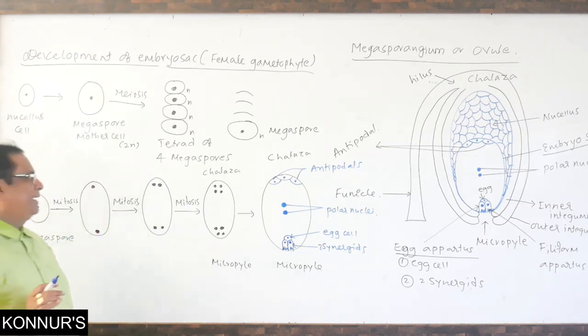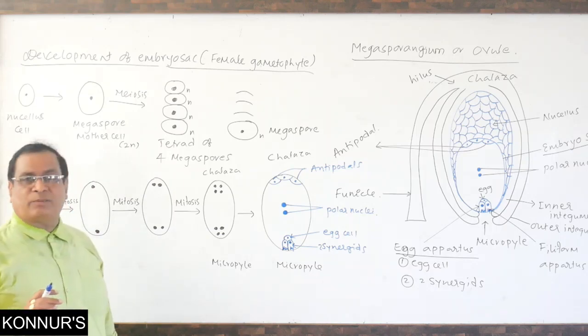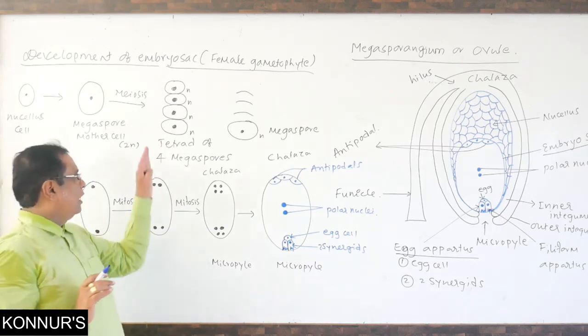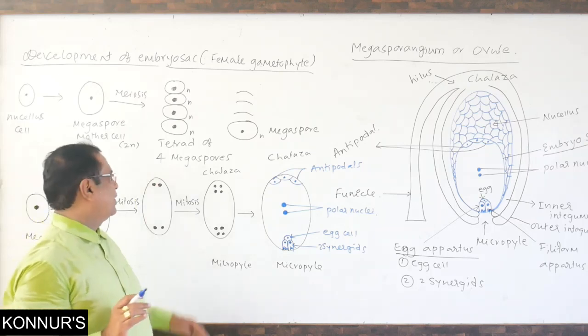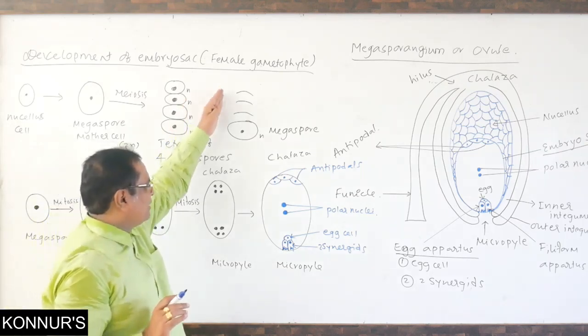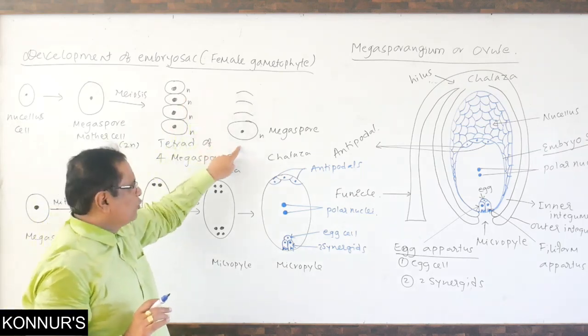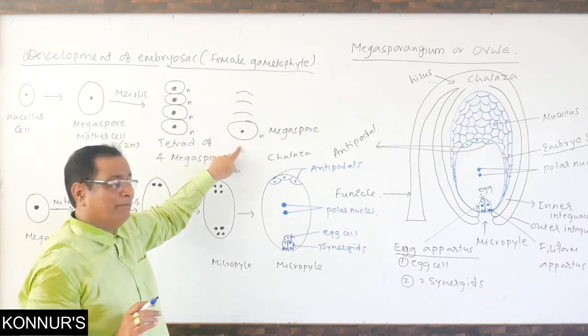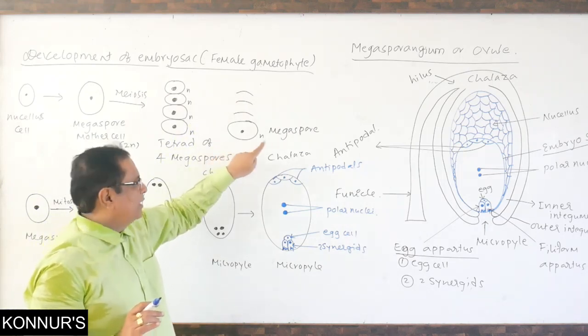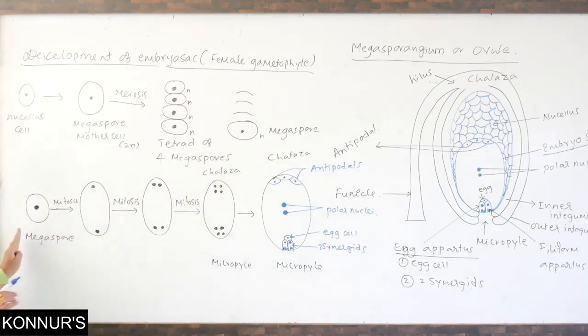A tetrad of 4 megaspores are formed. Among these 4 megaspores, they are all haploid. 3 get degenerated. 1 towards micropylar end is functional, and this megaspore undergoes mitosis 3 times.